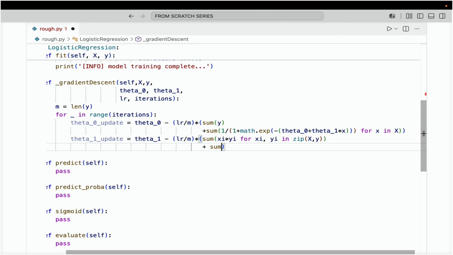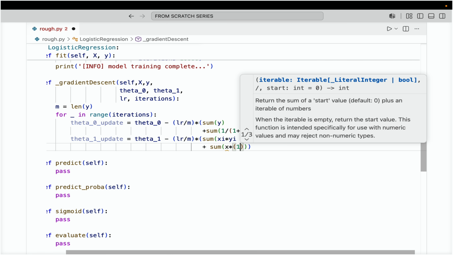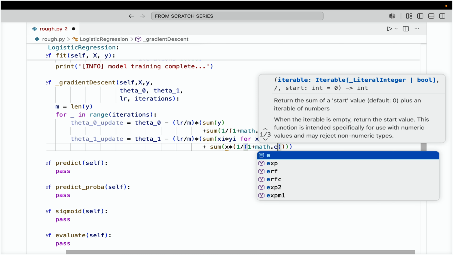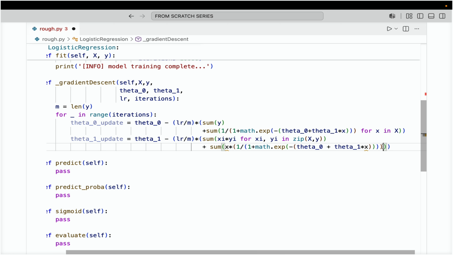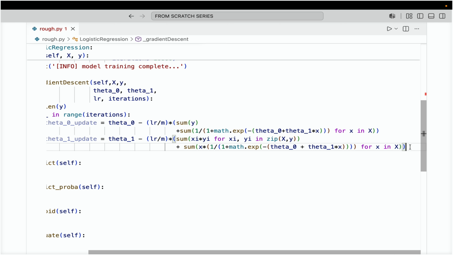So plus summation of x star, the same term, 1 by 1 plus math dot exponential of this theta 0 plus theta 1 times x. Yeah, no issues so far.